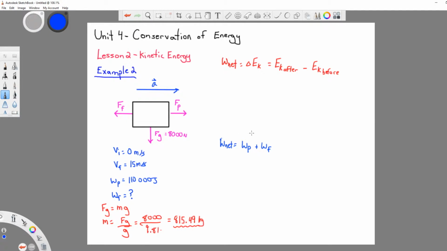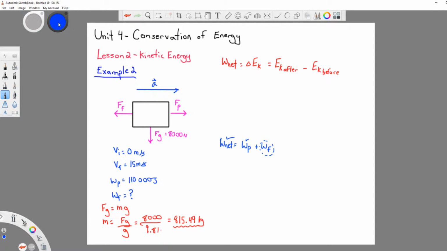This question gives us the propulsive force. If we solve for the net work up here, we can then solve for our friction work. And that's ultimately what we want: the work done by friction.